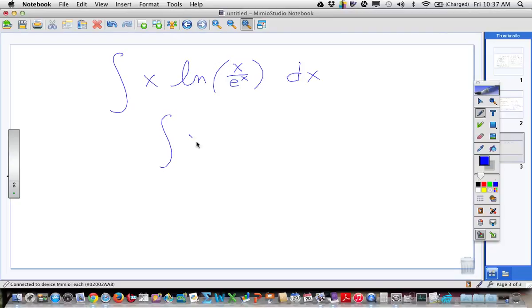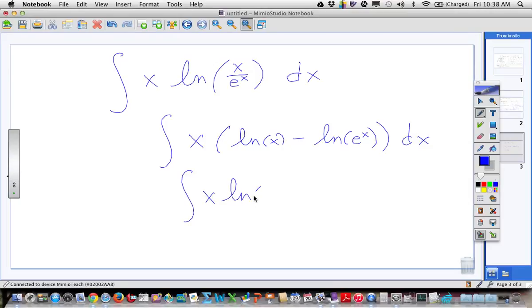So what you can do there is write this as ln x minus ln e to the x. Right? So then this would be x times ln x minus, and what's ln e to the x? That's just x. So you distribute this x through here. x times x is just x squared. Then you would split that into two.